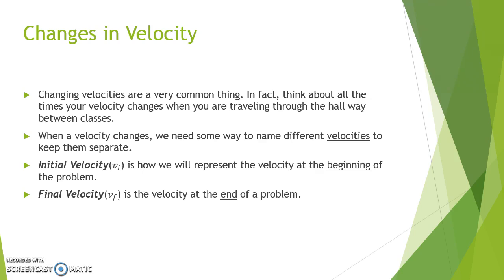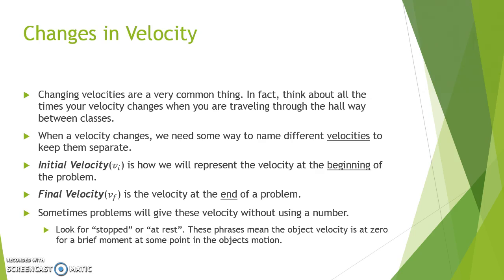Initial velocity, or Vi, is how we will represent the velocity at the beginning of a problem or time interval. Initial, just like if you were asked to write your initials on a paper, is the very beginning of your name, and this is the beginning of the problem. Final velocity, or Vf, is the velocity at the end of a problem.